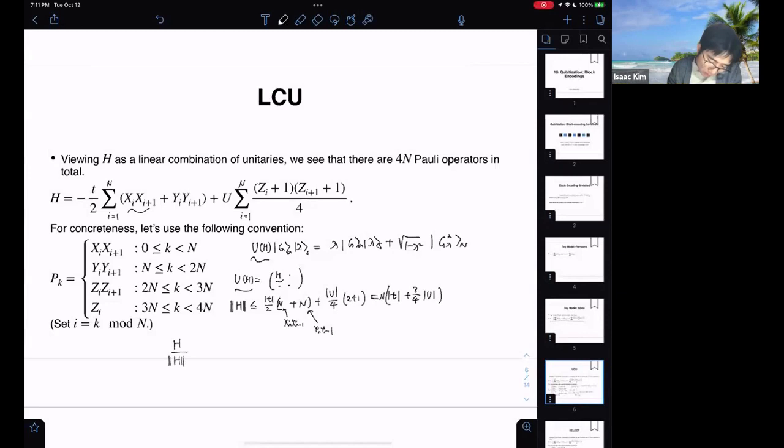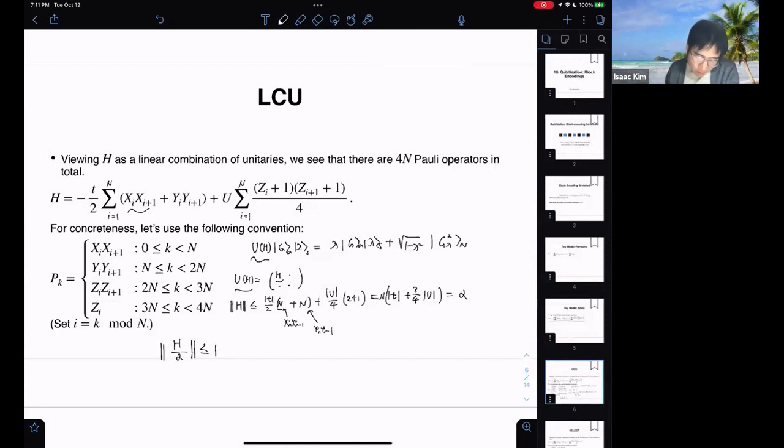So what I would do is I divide H by this thing. Actually, let's call this alpha. So alpha is an upper bound on the spectral norm of H. So we can safely say the normalized H is less than or equal to 1. So what we just do is normalize H by this alpha.